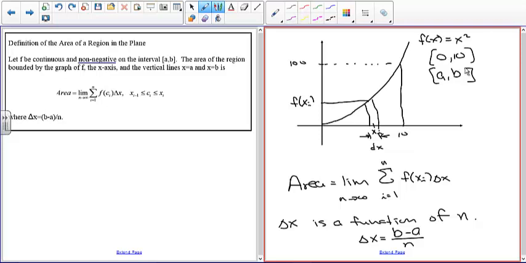So if n was 10, then delta x would be 1. We'd have a rectangle for every unit. So that's delta x in terms of n and in terms of b minus a. For our particular case, b minus a is 10, and n is just n. So we're going to be able to substitute it in there.